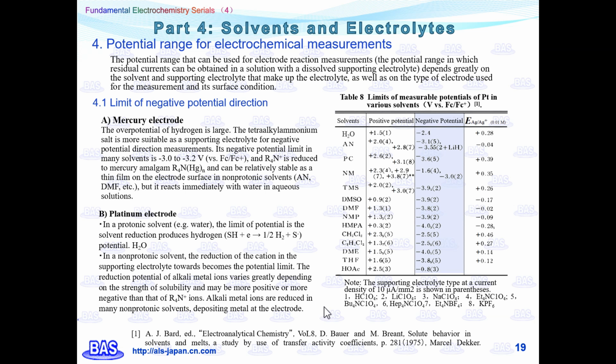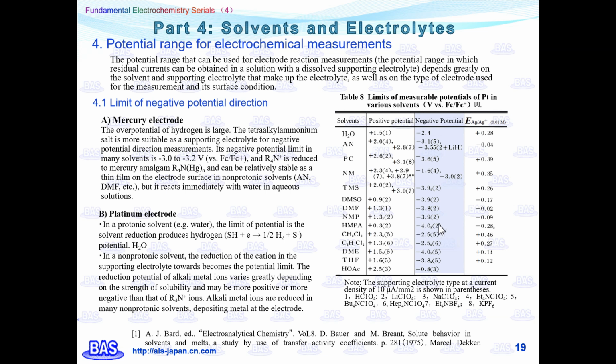Alkali metal ions are reduced in many non-protonic solvents and deposited on the electrode, but when sodium, lithium ions, etc. act as cations supporting the electrolyte in a strong donor HMPA, the blue solvated electrons generated from the electrode surface enter the solution and become the limit of the negative potential direction.